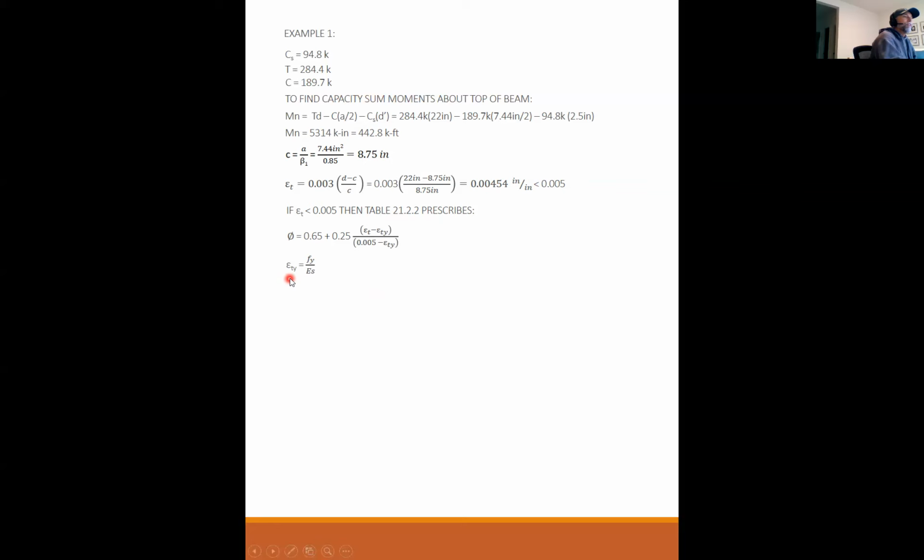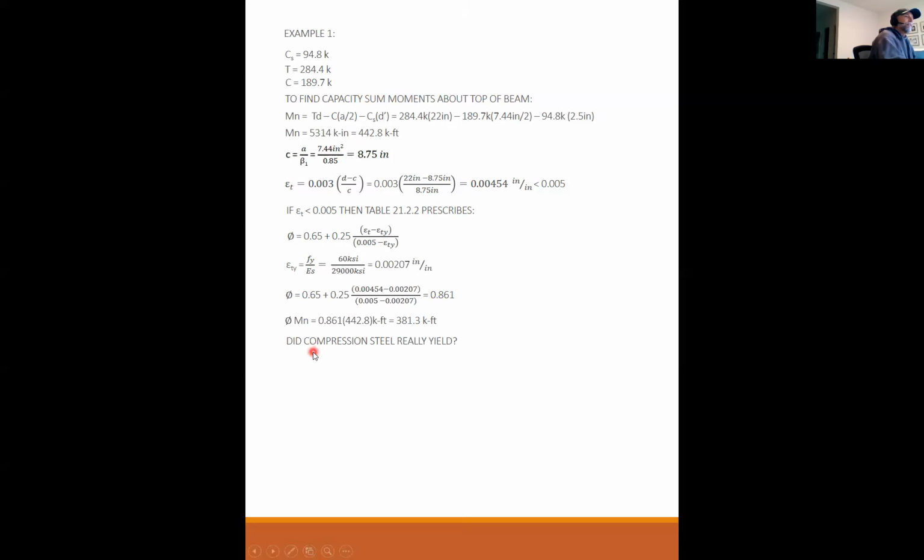My yielding strain is Fy over E. 60 over 29,000 is 0.00207. And so I plug this back into here, and I get a phi equal to 0.861. So phi Mn is 0.861 times 442.8, which is 381.3 kip feet.